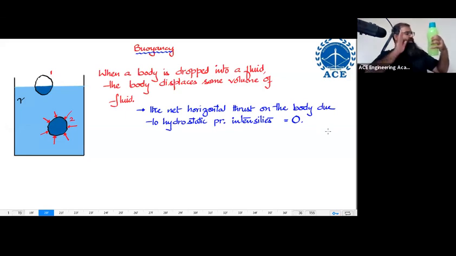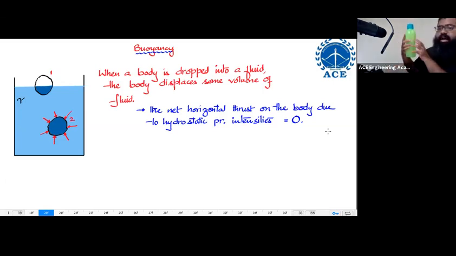Looking from one side, there is a force with projected area and H bar; looking from the other side, I get the same projected area and same H bar. So the two forces nullify each other. Buoyancy does not deal with horizontal thrust at all.